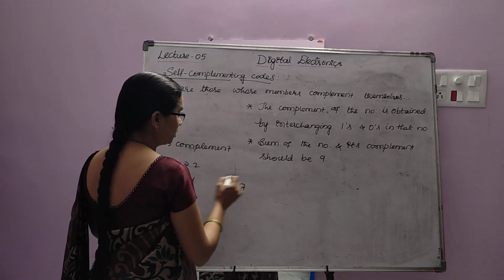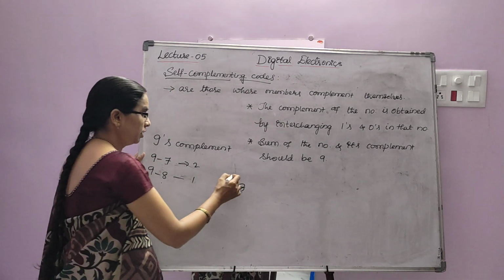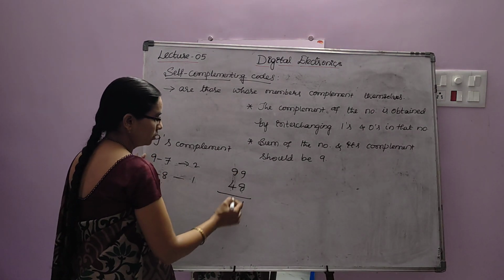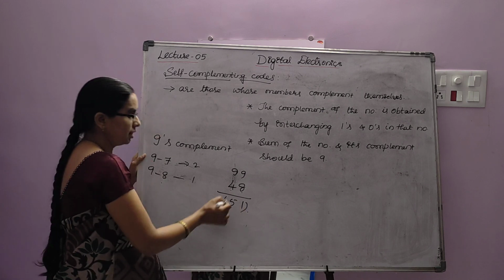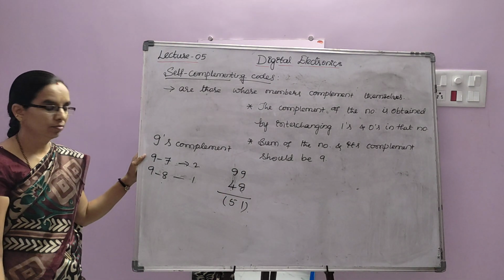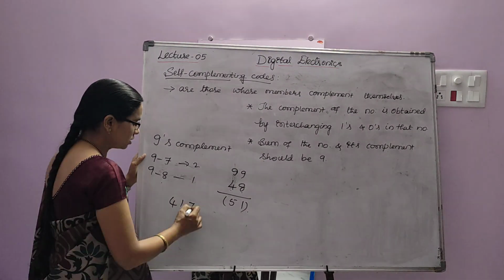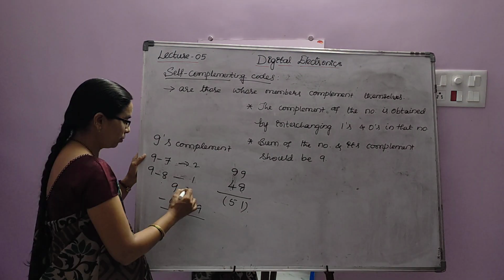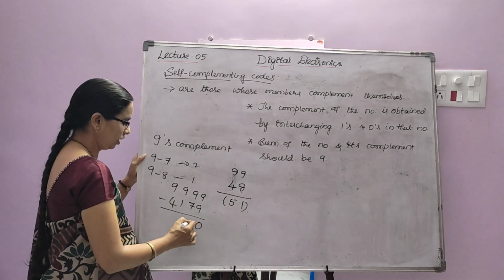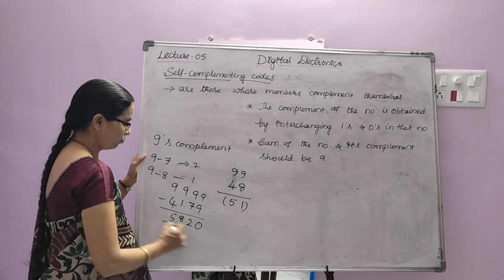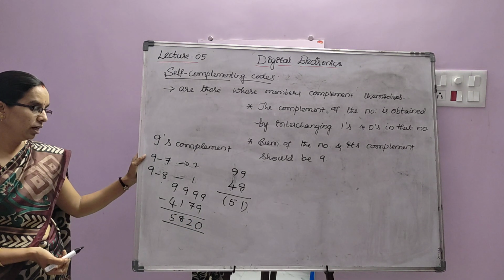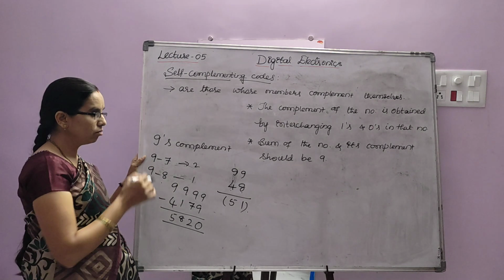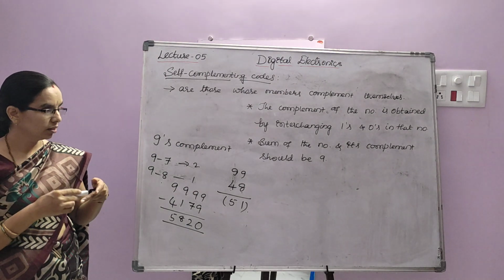So each digit is subtracted from 9, then you get the complement of 48, that is 51. 51 is the 9's complement of 48. If I want to get 9's complement of 4179, it can be obtained by subtracting each digit from 9. 5820 is the 9's complement of 4179. This is how we will obtain 9's complement of the number.